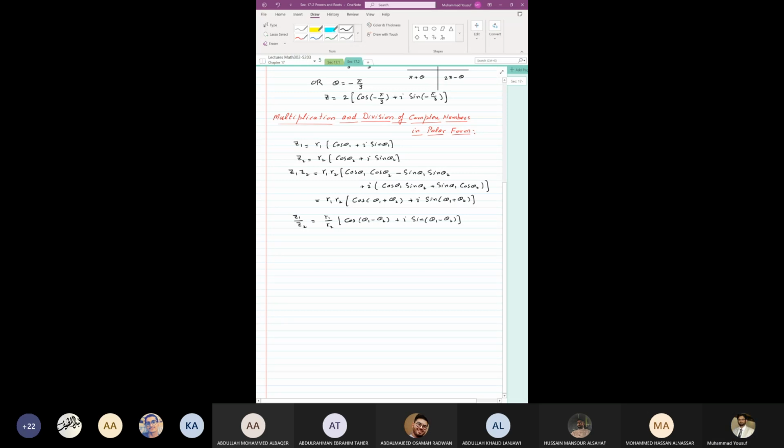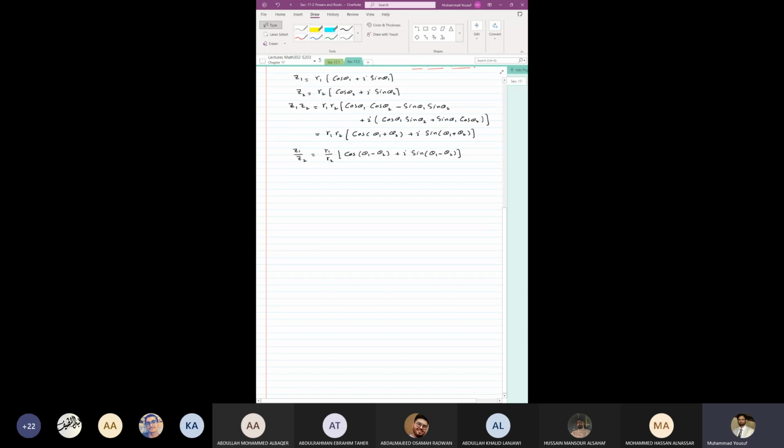Let me write it as a note. r is called the modulus or absolute value of z, and theta is called the argument of z, which is denoted by arg of z.